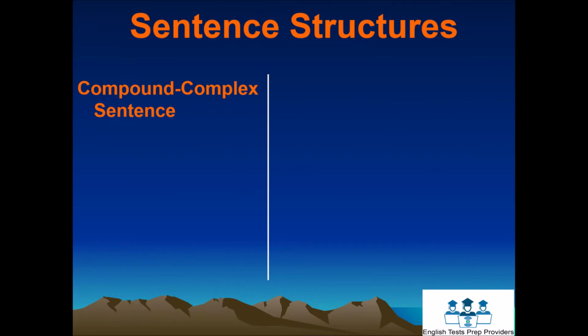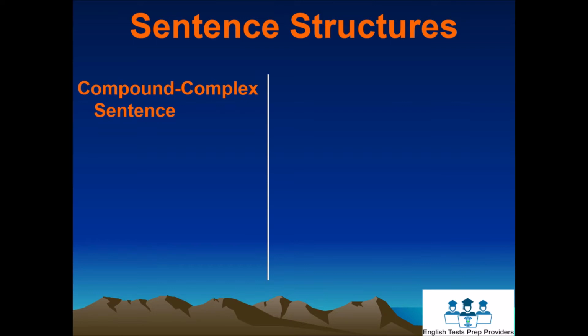Compound complex sentence. Let's recap what a compound sentence is. First, a compound sentence has two complete sentences, and we call these two complete sentences independent clauses. A complex sentence has one complete sentence and one incomplete sentence.